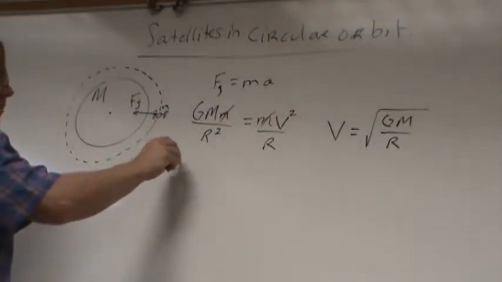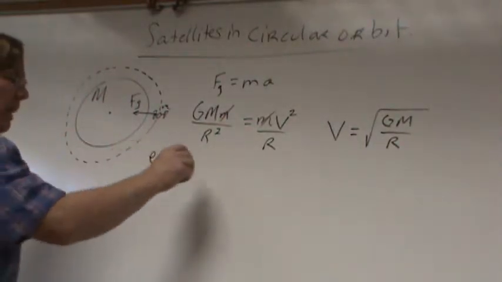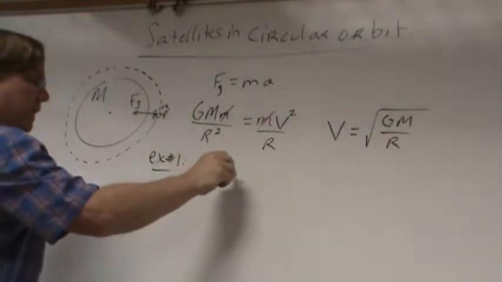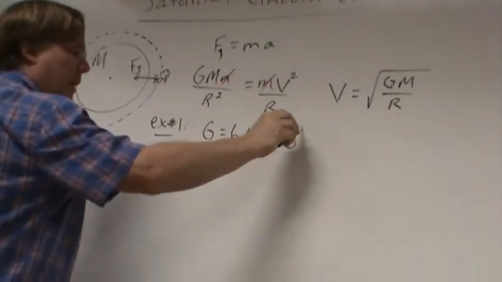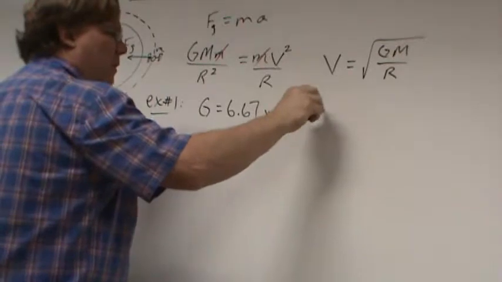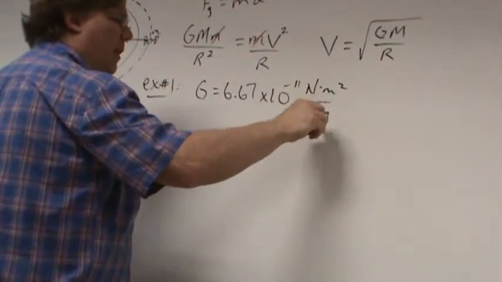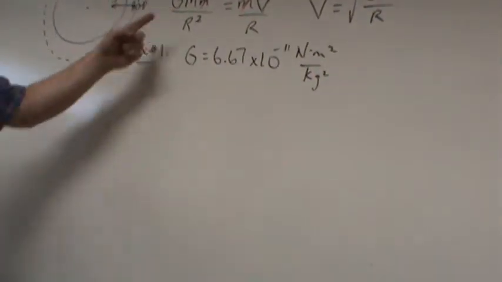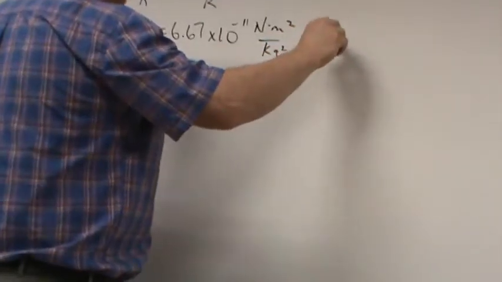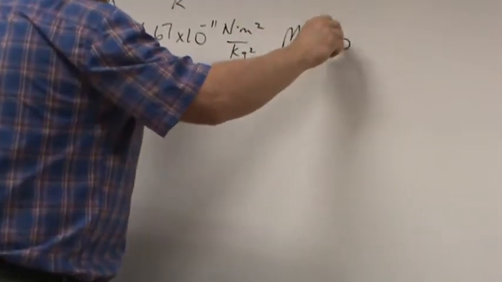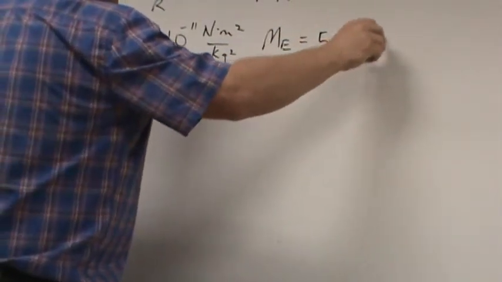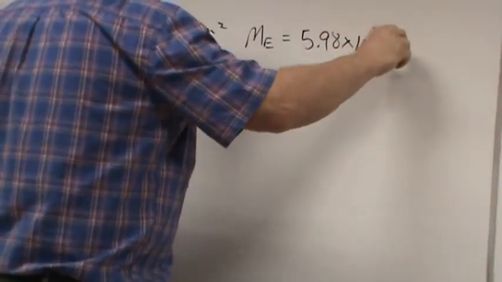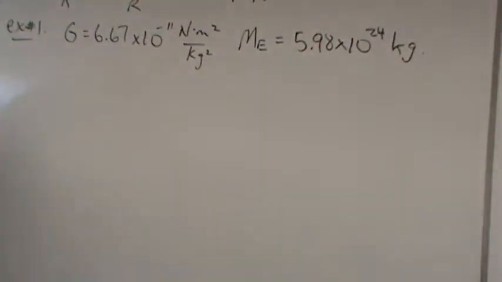Here's example number 1, okay? I'm going to have G equaling 6.67 times 10 to the negative 11th newton meter squared per kilogram squared, the universal gravitational constant. The mass of the Earth is 5.98 times 10 to the 24th kilograms, according to my textbook.